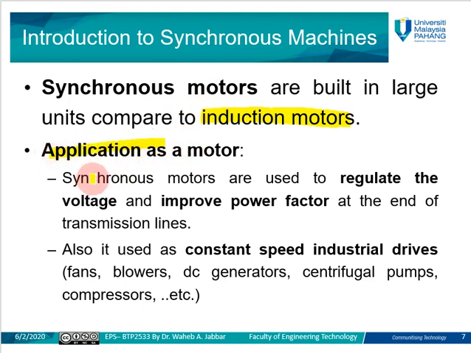Here we can see synchronous motors are used to regulate the voltage, so they are used to improve the power factor of the grid. Usually if we have a lagging power factor, for example a very low power factor, which causes a lot of losses in the electrical power system grid, we can connect some synchronous motors at the end of the grid or at the end of the transmission lines to improve this power factor. When we improve the power factor, we increase the value of P, since we know S, the apparent power, is equal to P plus or minus jQ.